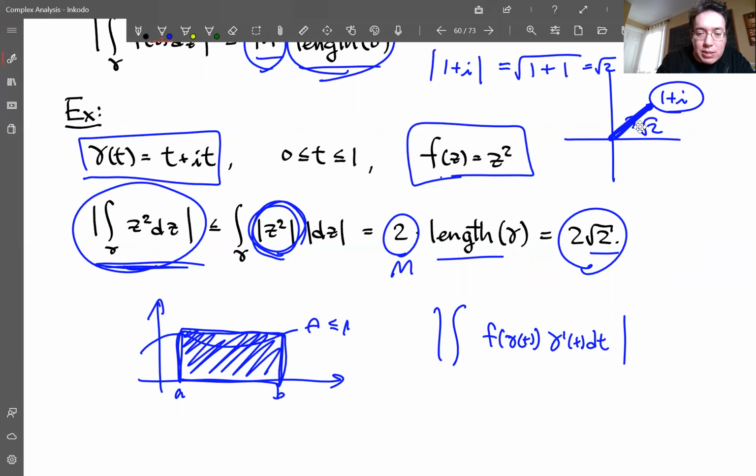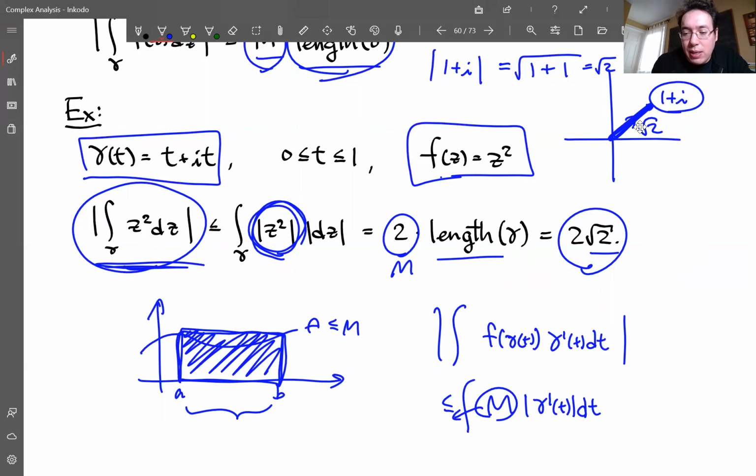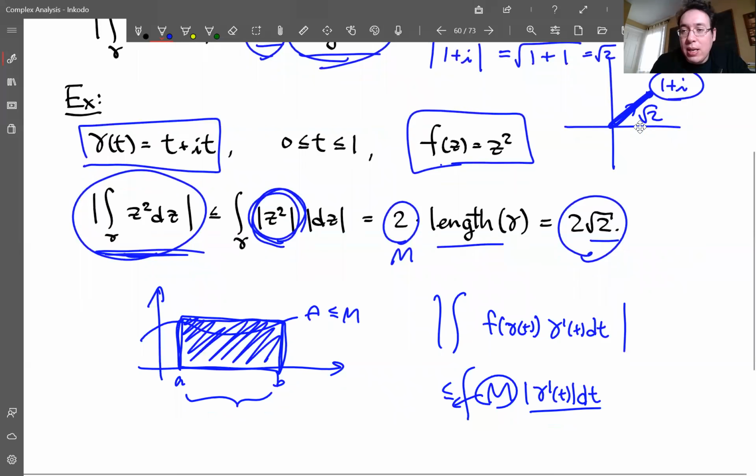So this is going to be less than or equal to M, and we multiply by the length of the path itself. And this is exactly what we have. So the M we can pull out outside of the integral, and then the rest of what we have is going to be the arc length.